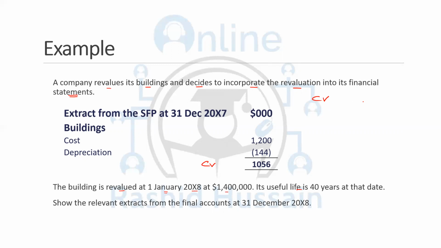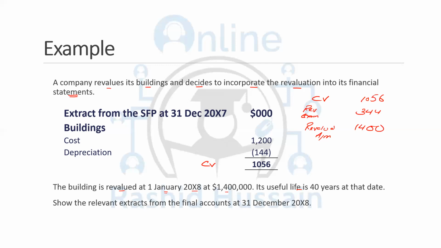So the carrying value is actually 1056, and it is compared with the revalued amount, which is 1400. Using the calculator, 1400 minus 1056 gives you 344. This is the revaluation gain.